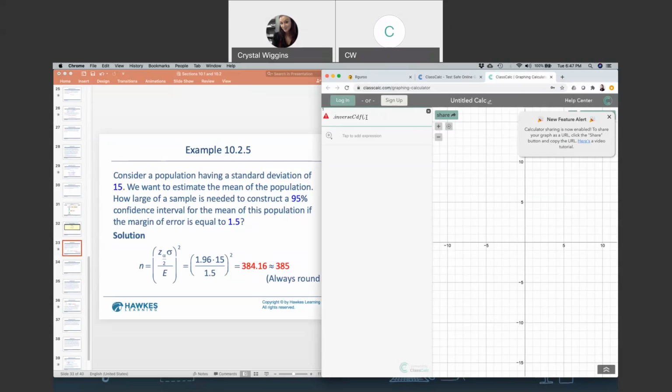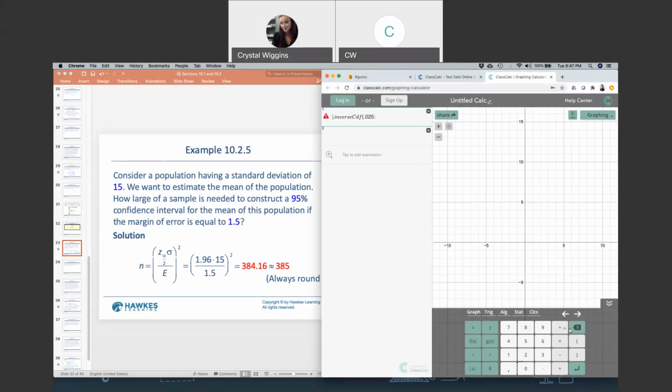So if 95% is in the middle, then that leaves us with 2.5% in each of the left and the upper tail. So that's 0.025. I feel like it needs something else. Where's the help button on this thing? I used to use this all the time, and now I feel as though I forgot where the help button is. There used to be a help button that told me what to put in there.